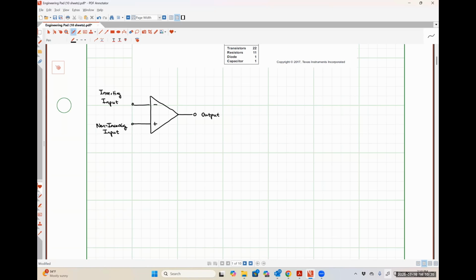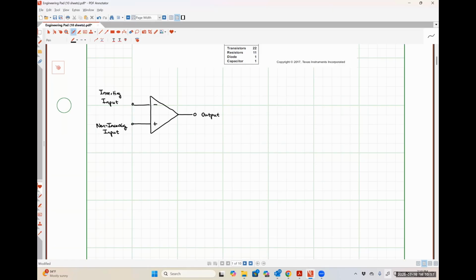They don't have to be, but the output signal is always a voltage measured with respect to ground. Like I said a moment ago, when we put something on the inverting input, a positive signal is going to turn negative at the output. If we put it at the non-inverting input, a positive signal is going to stay positive at the output.